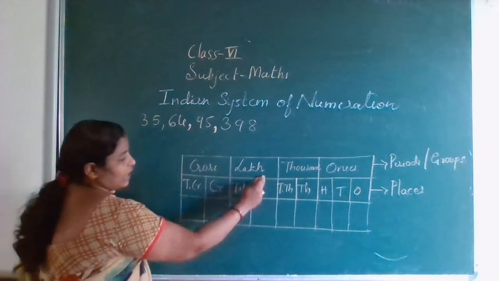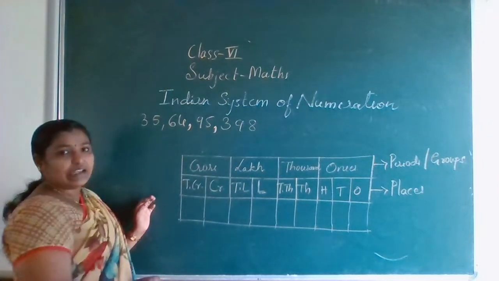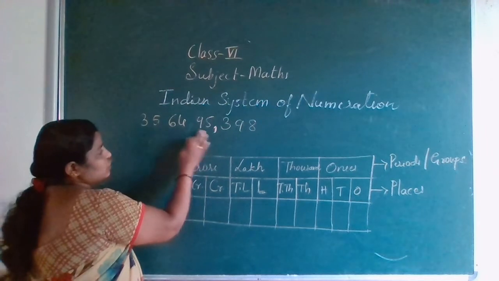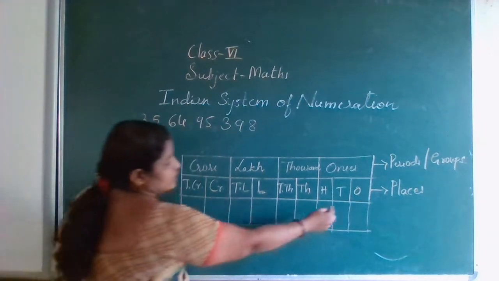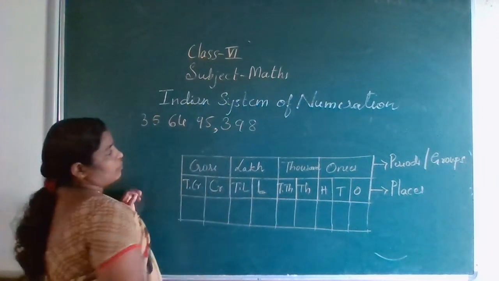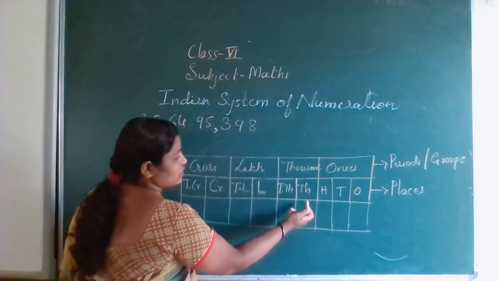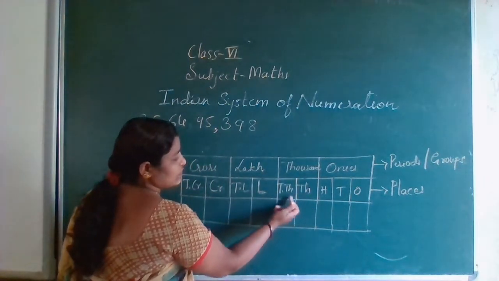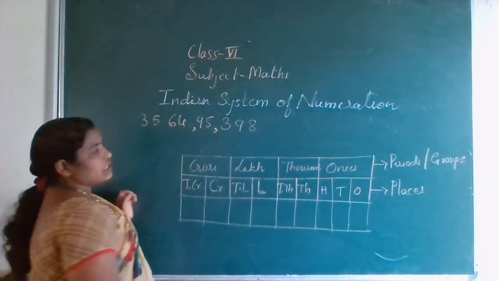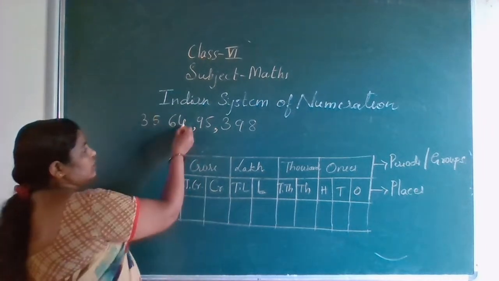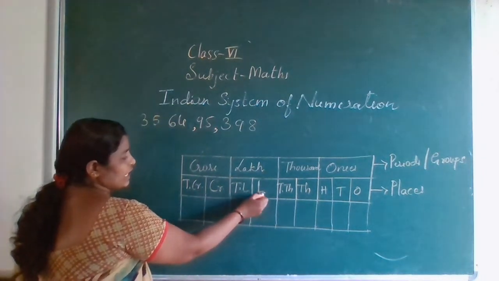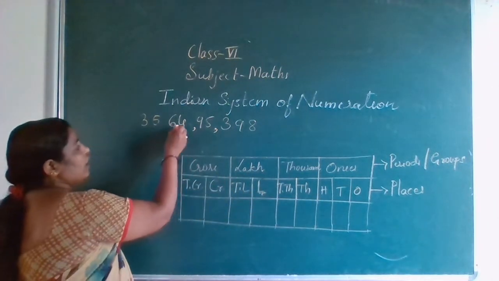After that, lakh again has 2 places, lakh and ten lakh. So after 2 more numbers I'll show you. First 1, 2, 3, after 3 numbers. Then the thousands group has only 2 places, thousands and ten thousands, so after 2 numbers, another comma. Next, the lakh place also has two places, lakhs and ten lakhs.